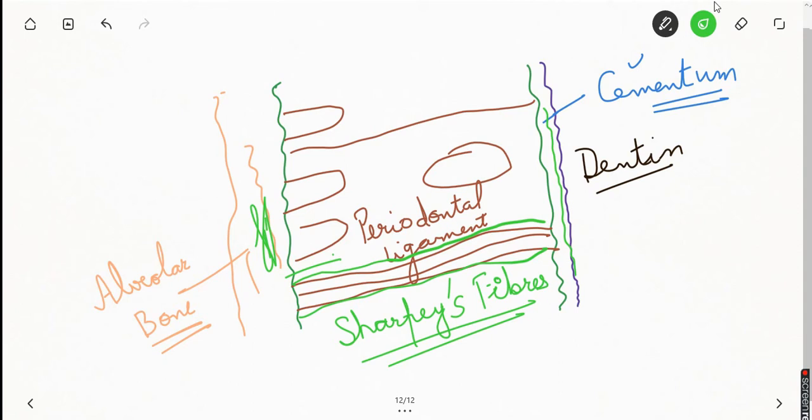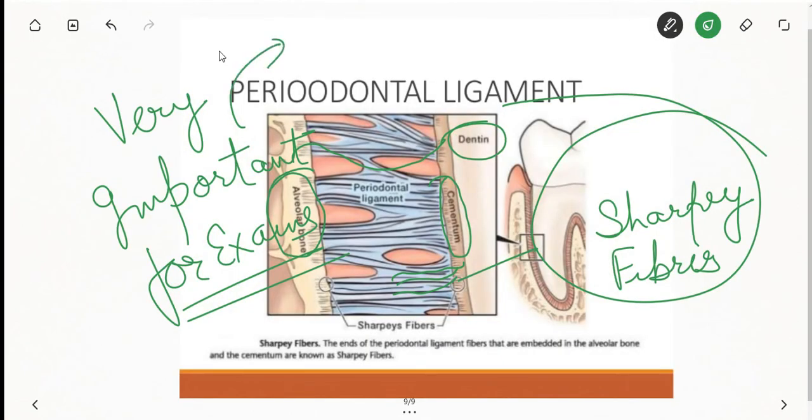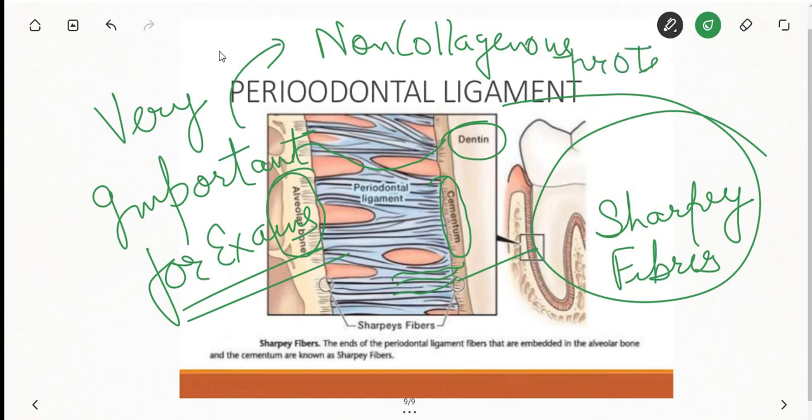These Sharpey's fibers are abundant in non-collagenous protein that is found in the bone and cementum. Among these are osteopontin and bone sialoprotein.